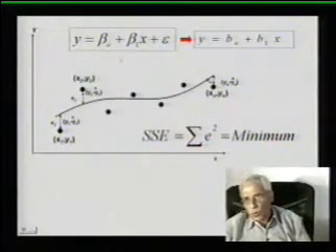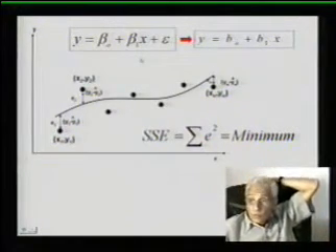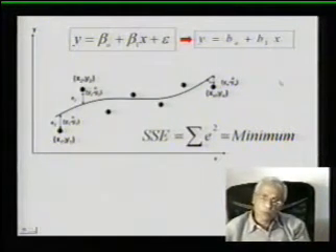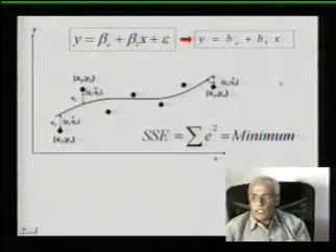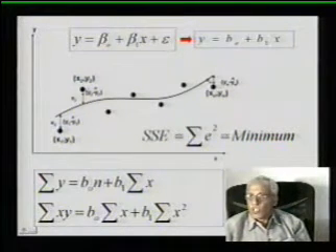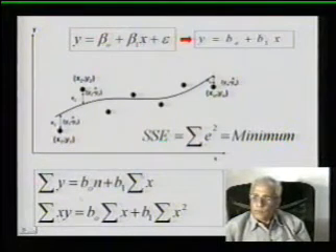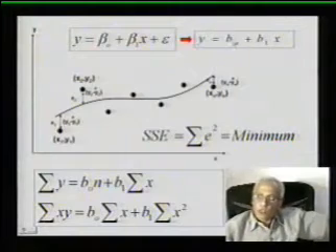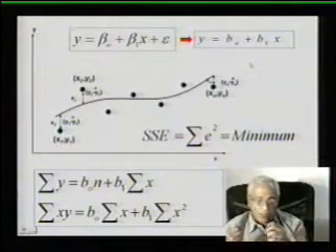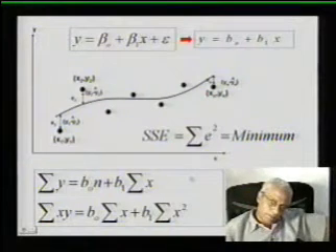Actually, if we look at the top equation carefully and use the second equation here, and try to rewrite it in such a way that we can get the sum of y corresponding to the sum of x, then this is what we're going to get. Sum y equals b0 times n, because b0 is a constant, so really the sum of b0 is the number of observations we have times b0, plus b1 times the sum of x.